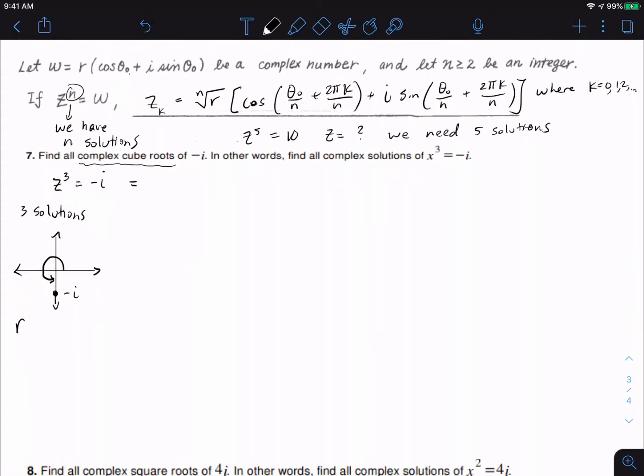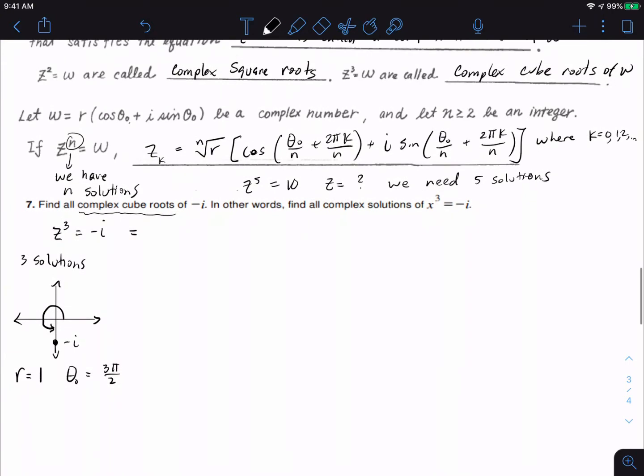So the radius I know is 1, right? Because it's a distance of 1. And then my theta naught is going to be 3 pi over 2 or 270. It's not really that big of a deal which one you use. I wrote my formula in terms of radians, so I'll use that, but I can do it both ways so you guys can see it.